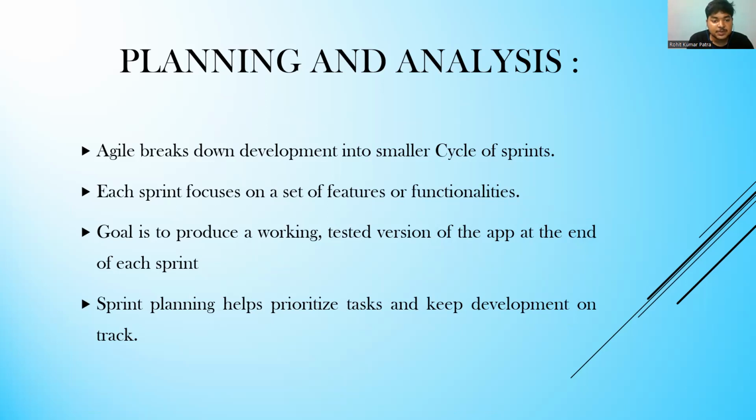Each sprint focuses on a set of features or functionalities. The goal is to produce a working, tested version of the app at the end of each sprint. Another point is that sprint planning helps prioritize tasks and keep development on track. So here is the planning.